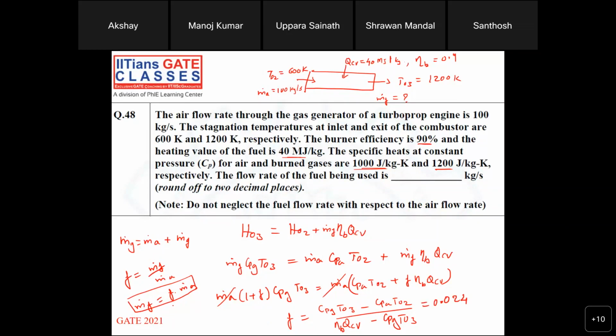That has to be 2.43 because it is multiplying with 100. So that will be 2.43 kg per second, and they are specifically asking to round off to 2 decimal places. That's it. Straightforward, right? This question.